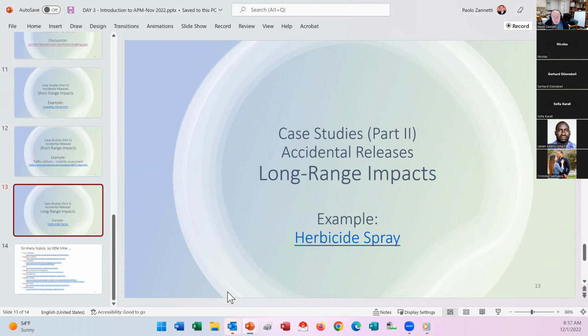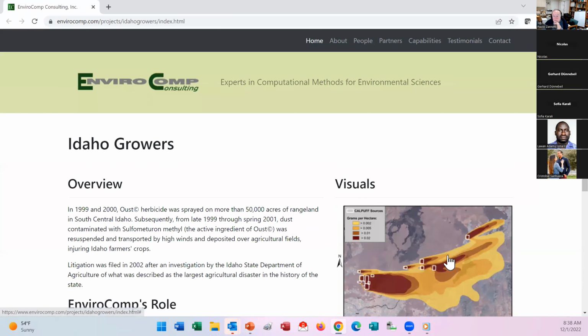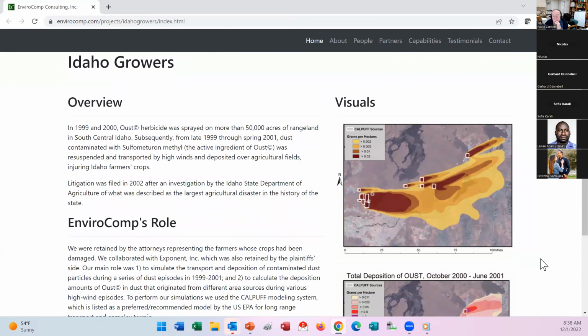A last example, that was a big project. We are in south central Idaho, near the border with Canada, in the United States, and there was a spray of a herbicide.